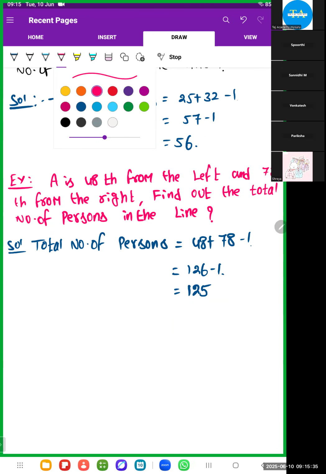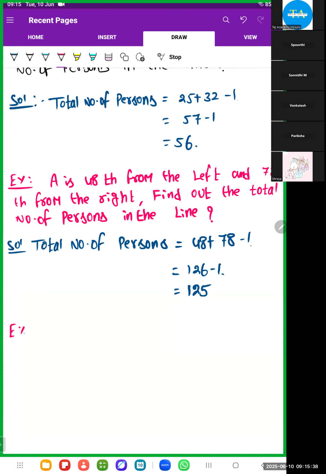One more. So try this question. A is 72nd from the left and 85th from the right.